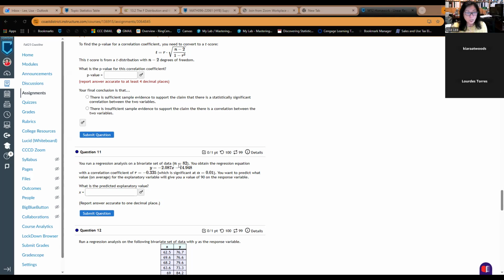And the R in this problem is 0.335. So the absolute value of this R is greater than the critical value. That's why we can use the regression line for prediction. That's why they show you the R. So remember to compare with table A6.